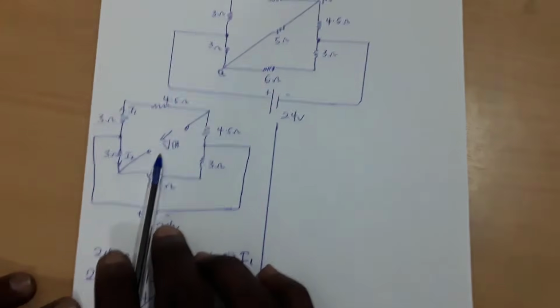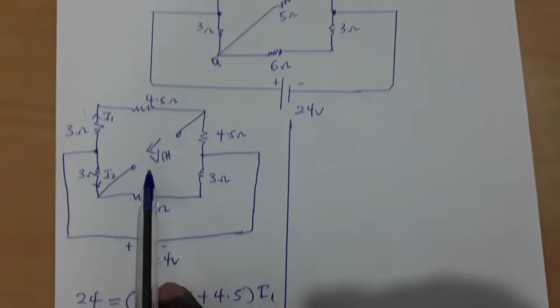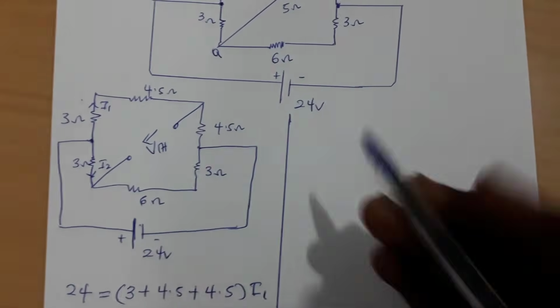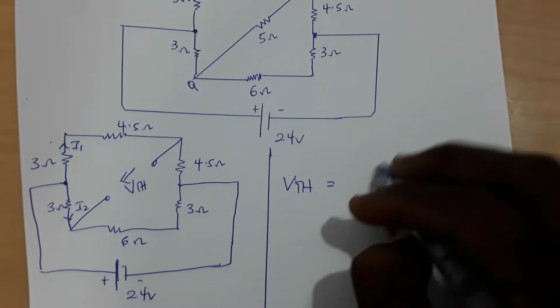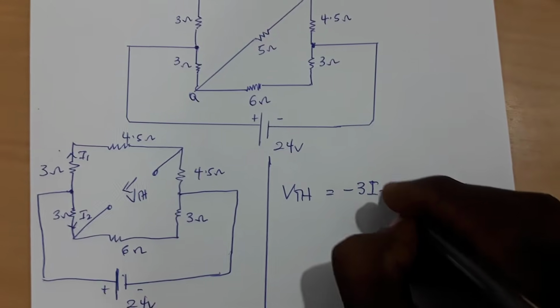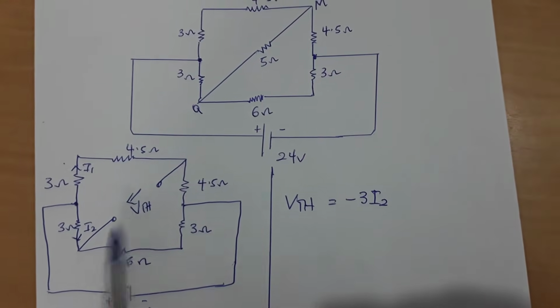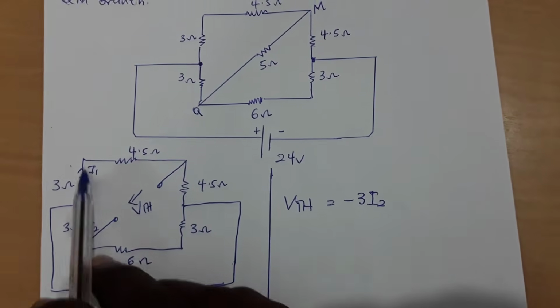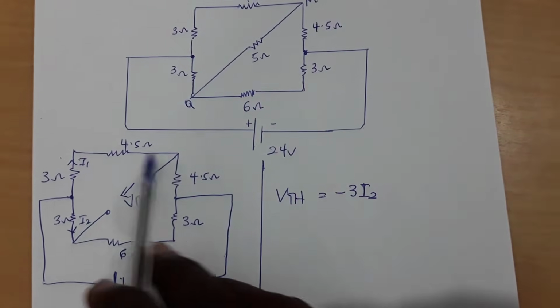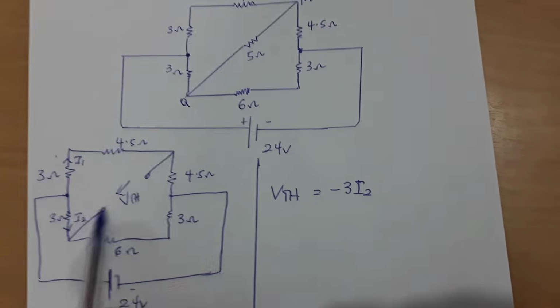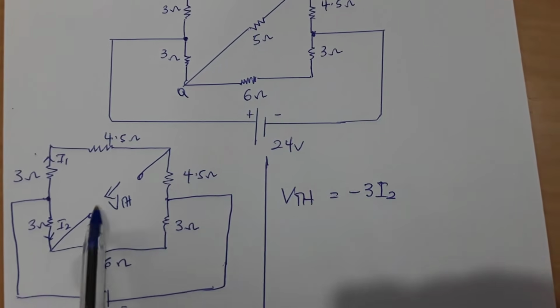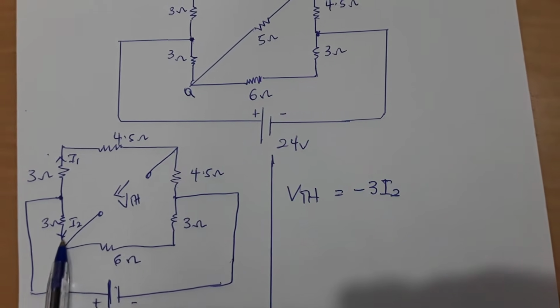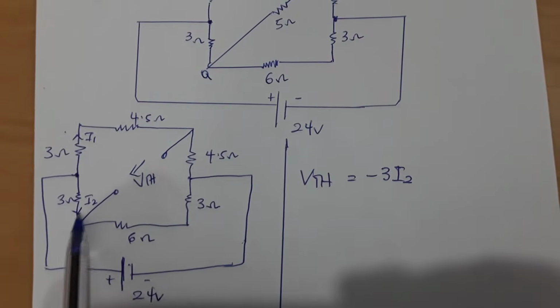Right, so our main aim is to find this VTH. So we can find VTH like this. VTH should be equal to minus 3I2. We are going this direction, I'm picking this loop like this. So VTH is in this direction, and this I2 is opposite our direction.